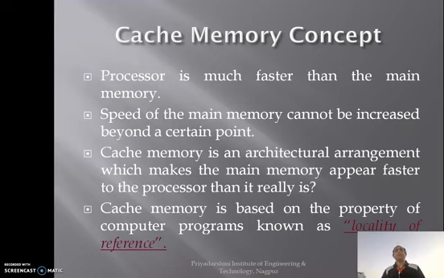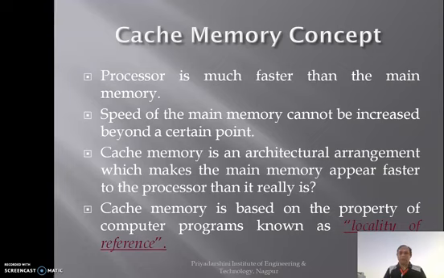The cache memory is an architectural arrangement which makes the main memory appear faster to the processor than it really is. This cache memory is smaller than the main memory and has higher speed.